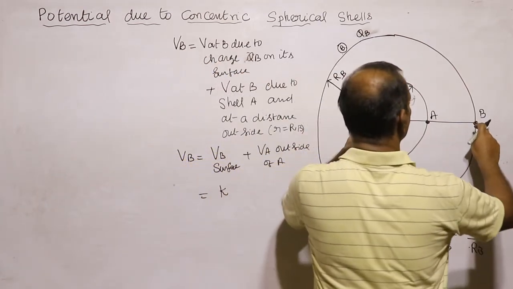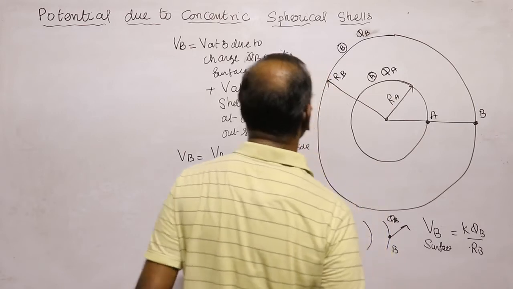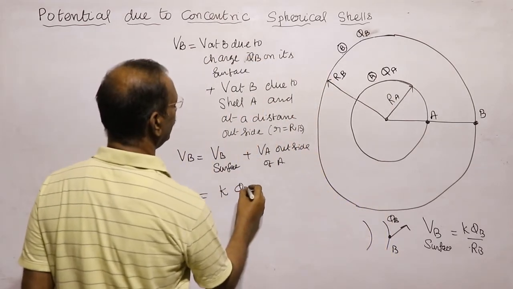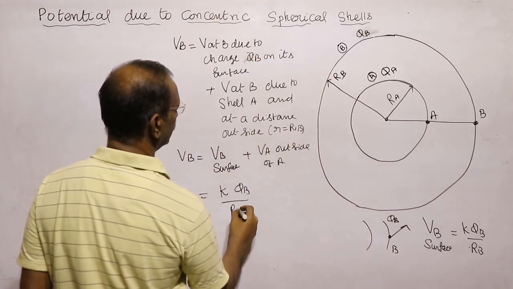First we will take the surface, it will give K QB divided by distance RB.